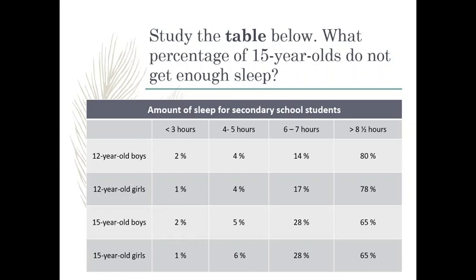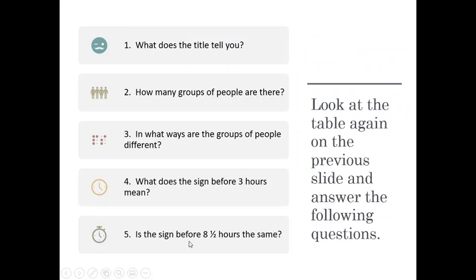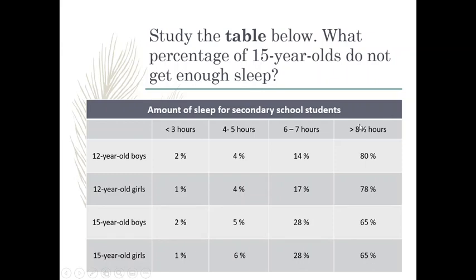It means that the data here shows the amount of sleep of about less than 3 hours. Is the sign before 8.5 hours the same? No, it's not. If this is less than, this is greater than. So it means greater than 8.5 hours of sleep.